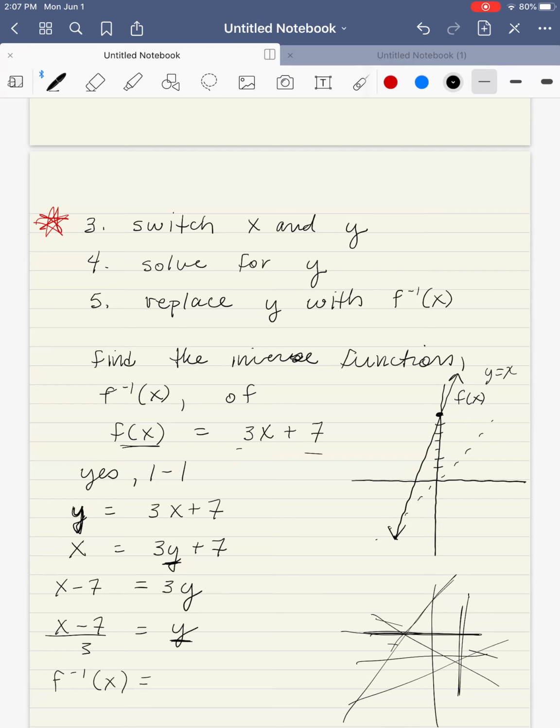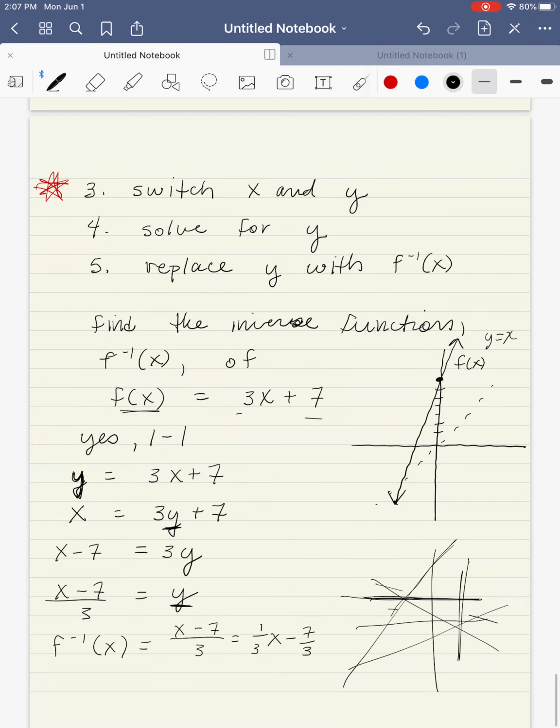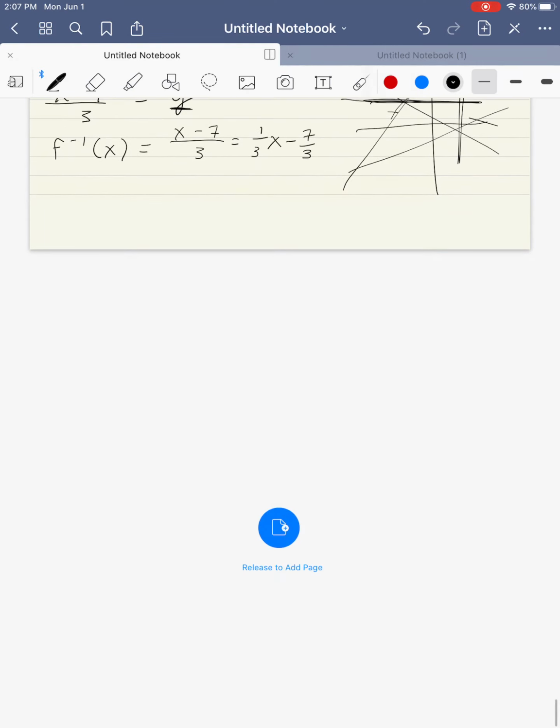So I can rewrite that as f inverse of x equals x minus 7 over 3. And if I rewrote that in linear form, which we'll talk more about in our next couple of lessons, I could rewrite it as 1/3 x minus 7/3. Let's try another one.